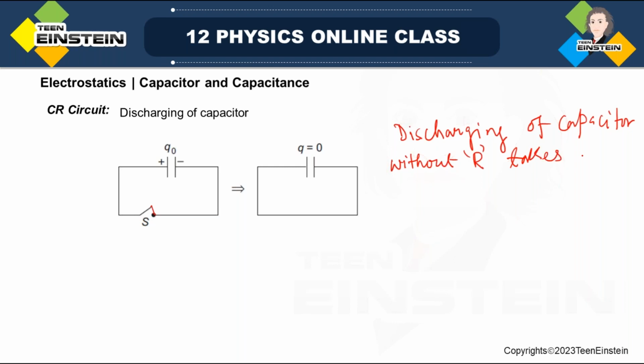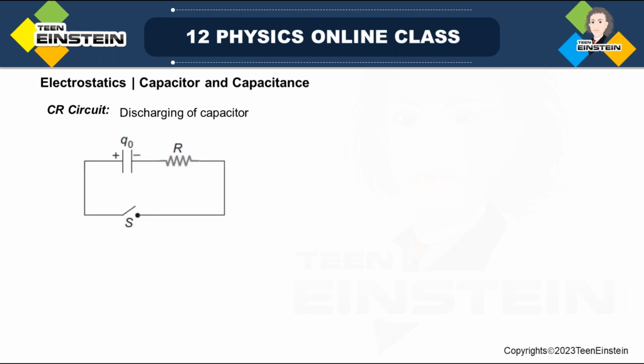Initially one plate has a lack of electrons and the other has an excess of electrons. As you connect it, the excess electrons just go to the positive plate and get neutralized. So it takes no time, it will be done immediately.